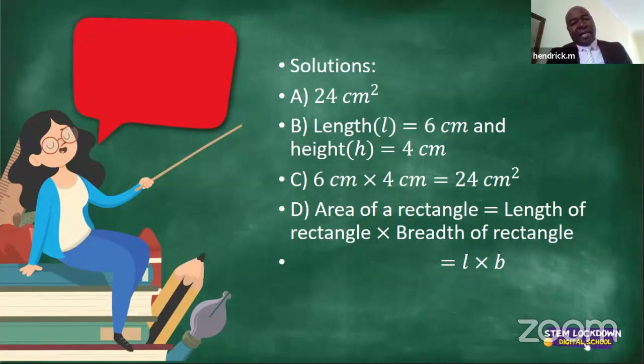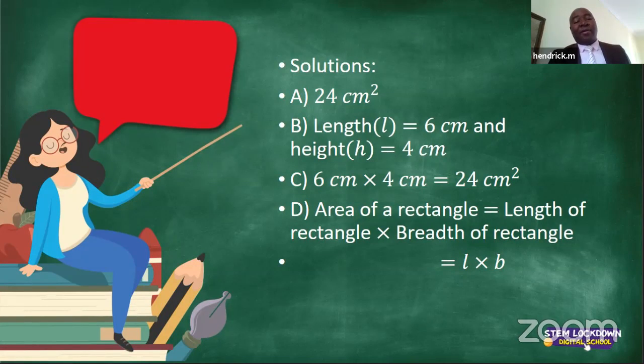Remember, yesterday and the day before, we focused on the area of a square, which we all agreed is length multiplied by itself, or side multiplied by itself.